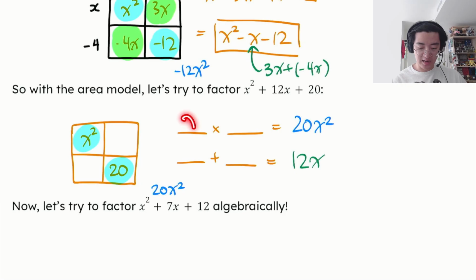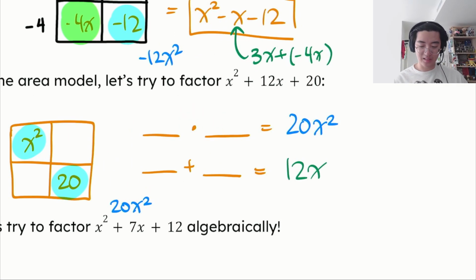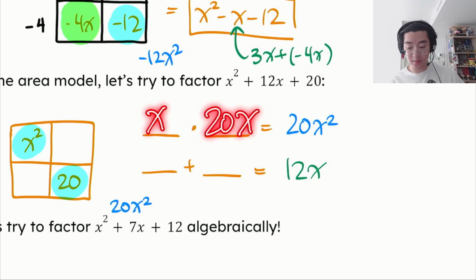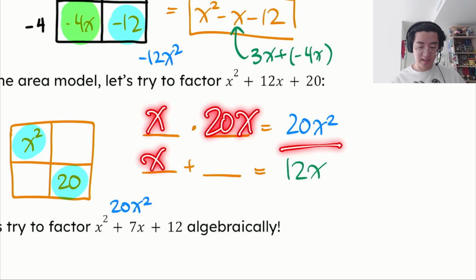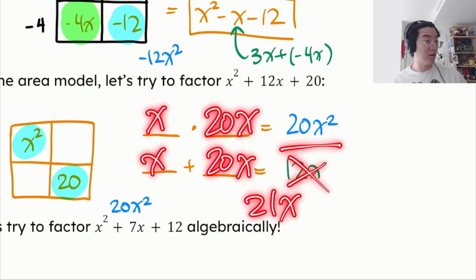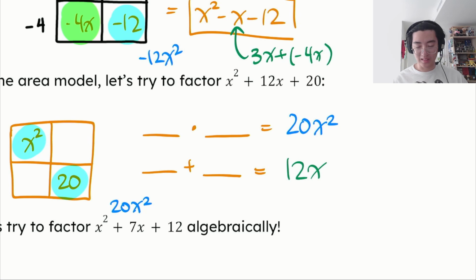Let's say we have x times, I guess right here, this is why we should actually use the dot instead of multiply, because if we have x here and then multiply, they look the same. So if we have x times 20x, yes, that multiplied to 20x squared. But x plus 20x is 21x, which is not 12. How about 4 times 5? 4x times 5x is 20x squared, which is correct.